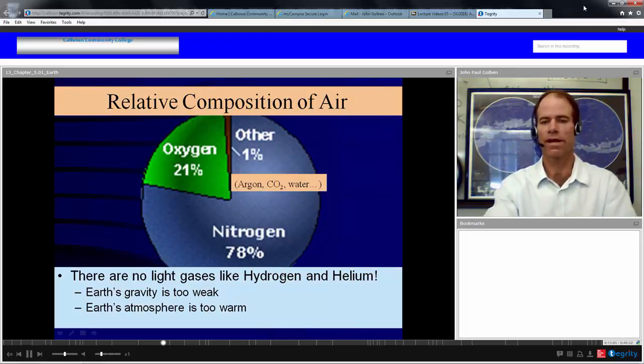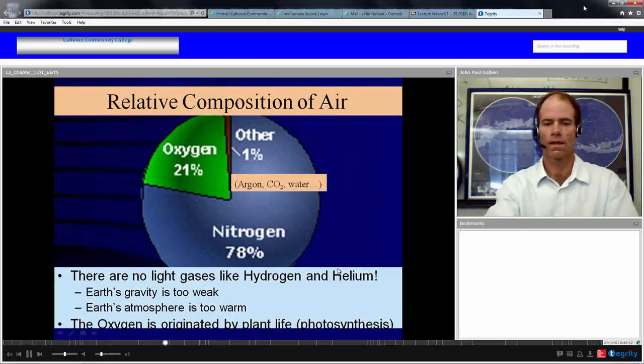We have to get hydrogen mainly from water, and helium is trapped in other ways. The oxygen is originated by plant life through photosynthesis, and so we have this interaction between plant life breathing carbon dioxide and giving off oxygen, and animal life breathing oxygen and giving off carbon dioxide.